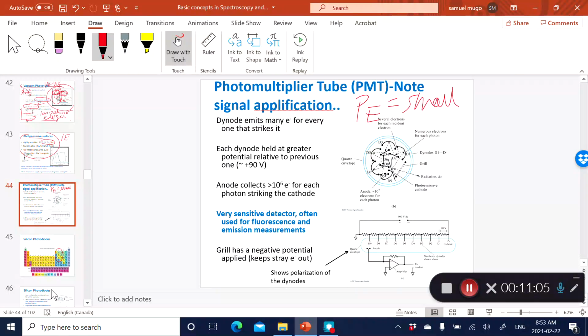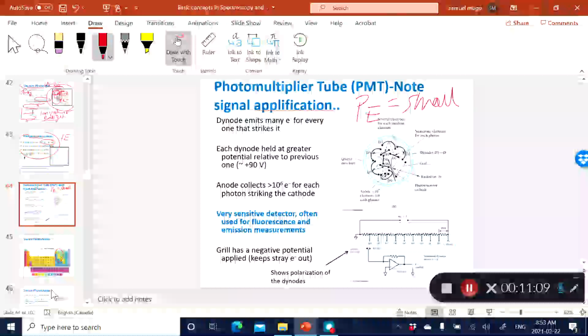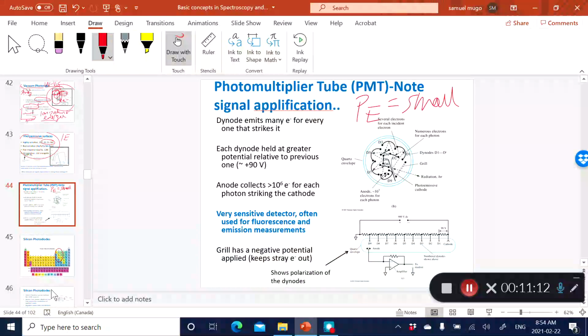And so you would expect that when this light impinges on the photoemissive material, you generate a very small amount of current. The current, of course, comes from the electrons that are generated.